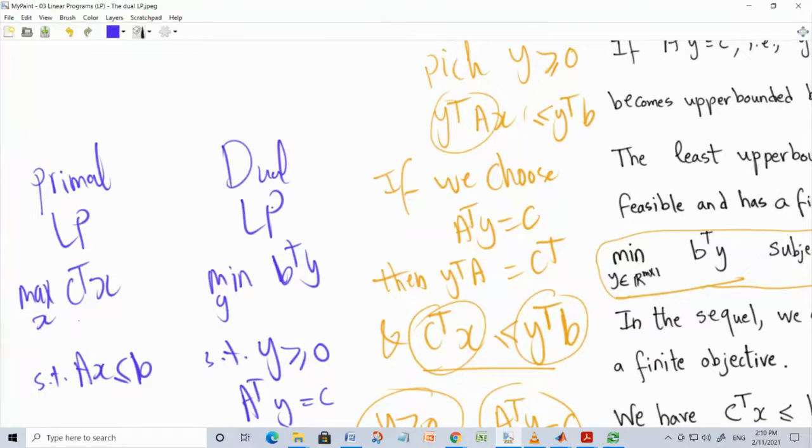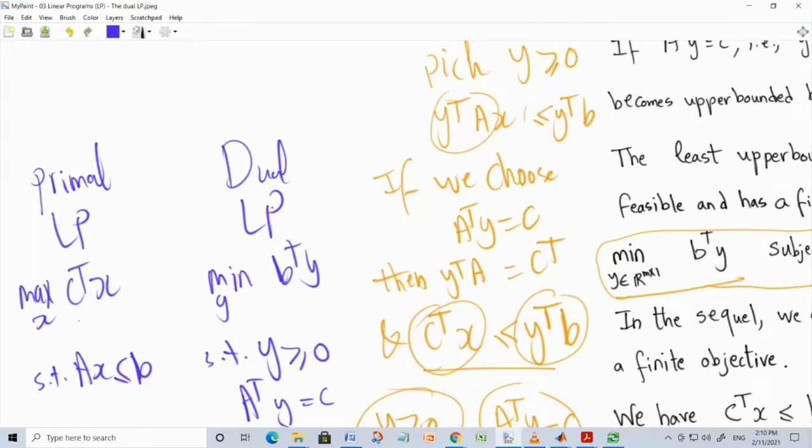In optimization, there are some problems you cannot actually solve, and you are satisfied with just some upper bound or lower bound. So this is an attempt to upper bound our primal program, but it results in another linear program.